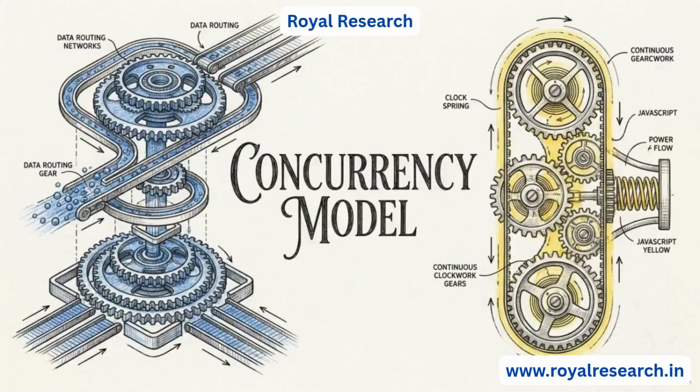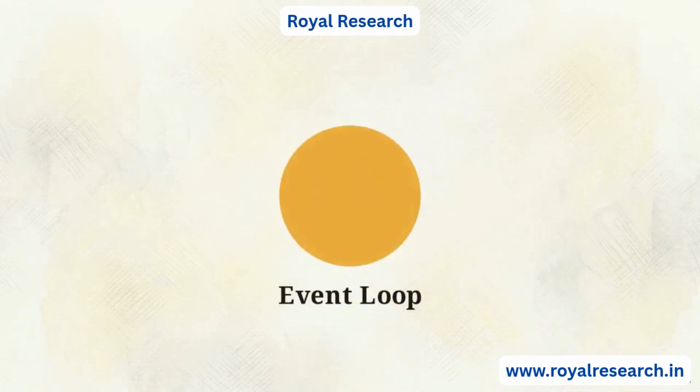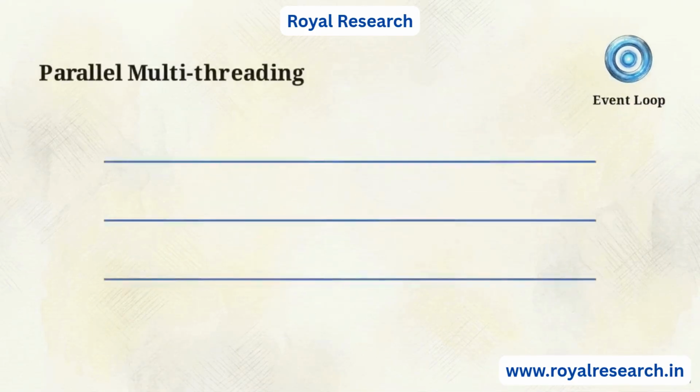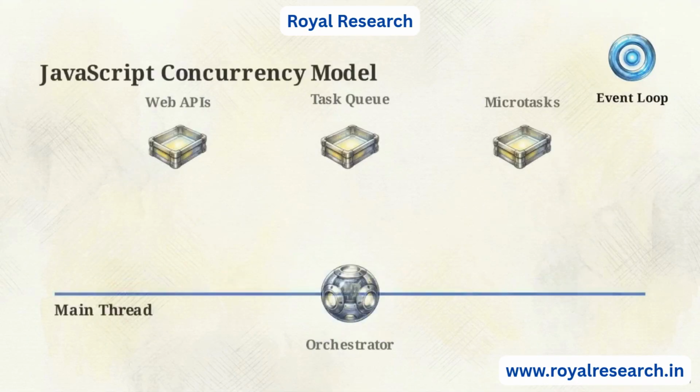paradox. The core thesis of this framework is that JavaScript achieves concurrency through precise architectural orchestration rather than parallel execution. The central mechanism driving this orchestration is a continuous monitoring system known as the event loop. While parallel multithreading assigns tasks to separate hardware lanes, JavaScript relies on an emergent concurrency model, shifting tasks between different structural components to avoid blocking the main thread.